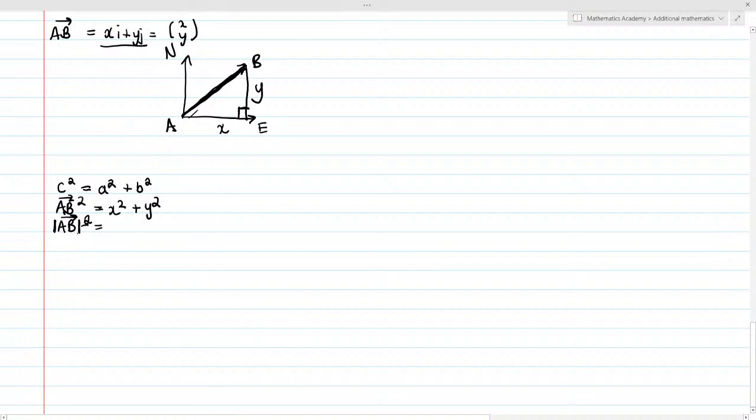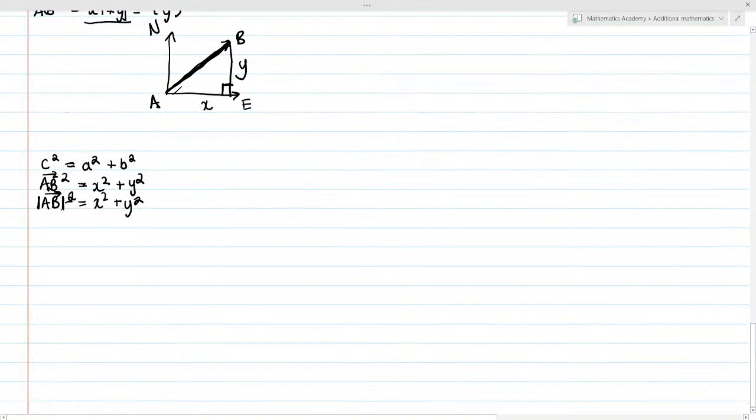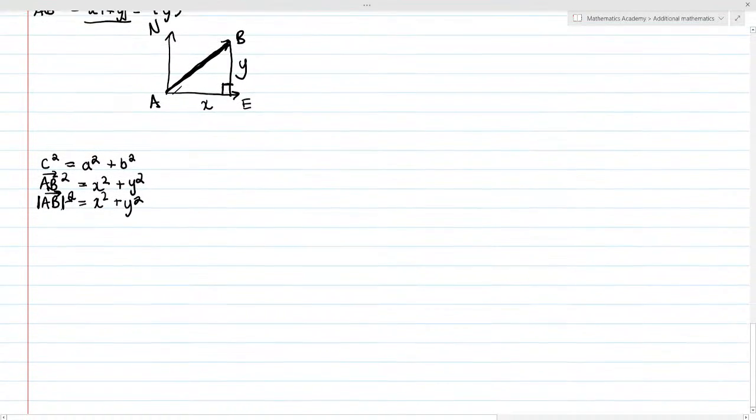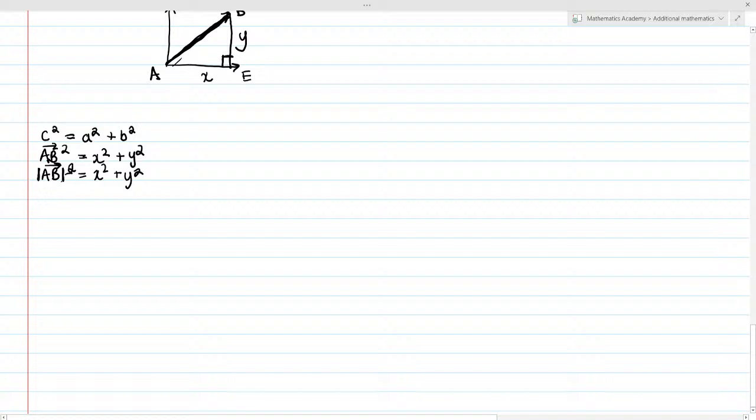That's just an important, but minor, notation convention. So that's how you find the magnitude. Of course, what we would do after this is we just take the square root of both sides, and so that's what we get.